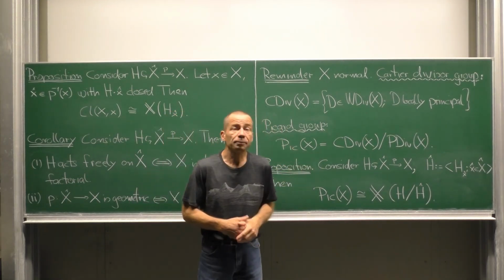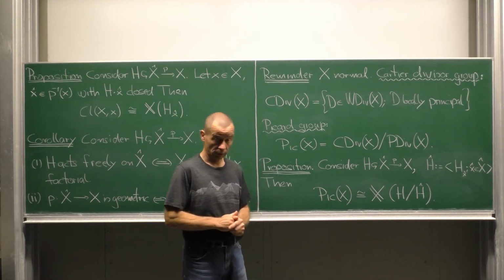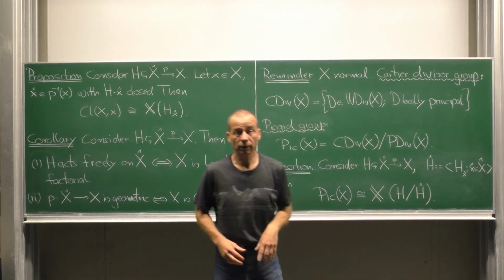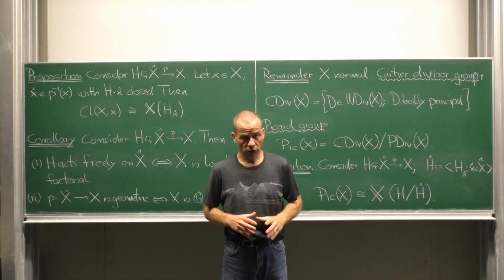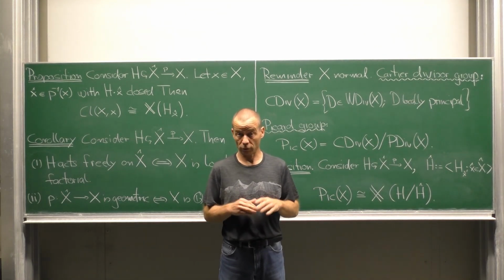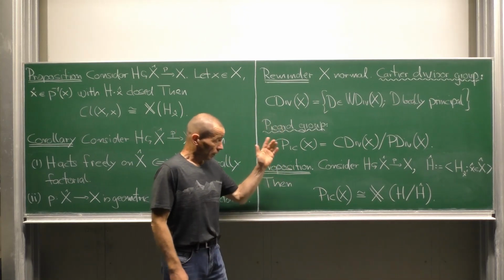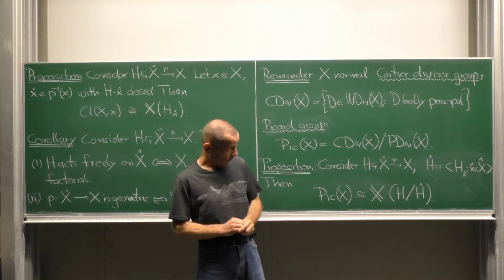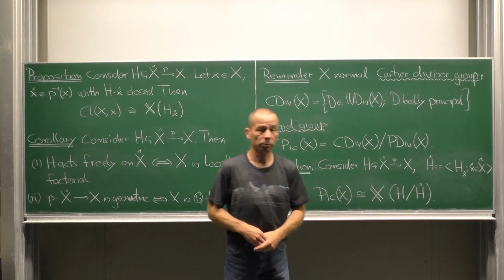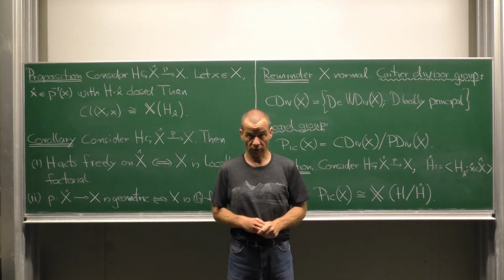Now consider again the action of the characteristic quasi-torus on the characteristic space, and denote by H hat the subgroup of H generated by all the isotropy groups of the action of H on X hat. Then the Picard group of X is the character group of the factor group H by H hat. See you in the next unit.